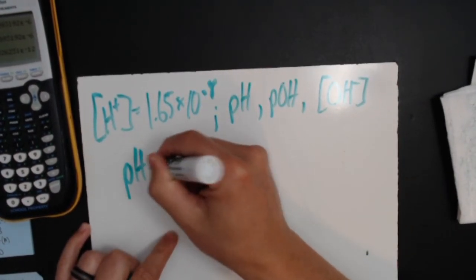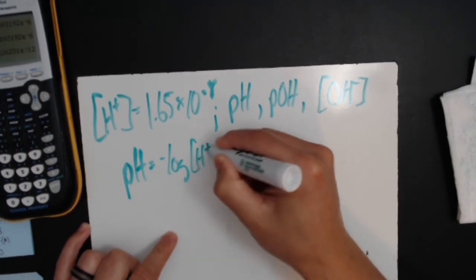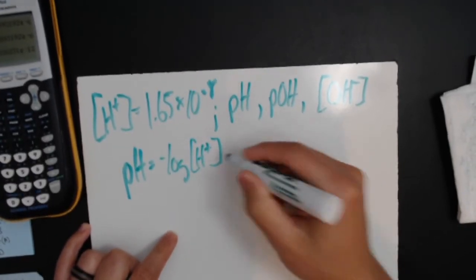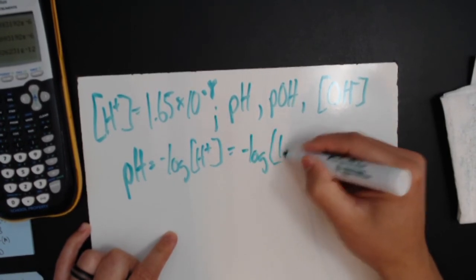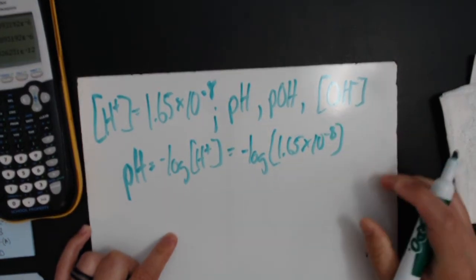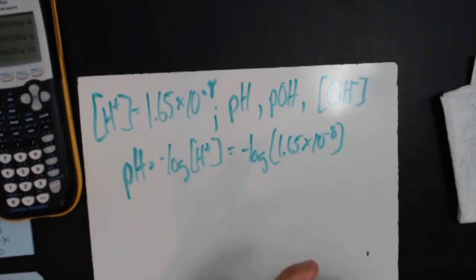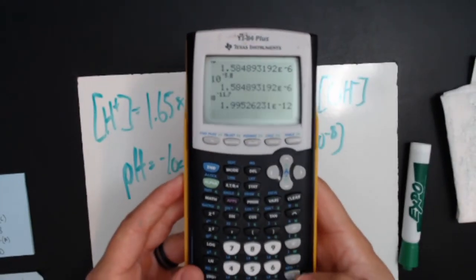We know pH is the negative log of H plus, right? So it's the negative log of 1.65 times 10 to the negative 8. So again, it's just a matter of punching it in your calculator and making it do the work.